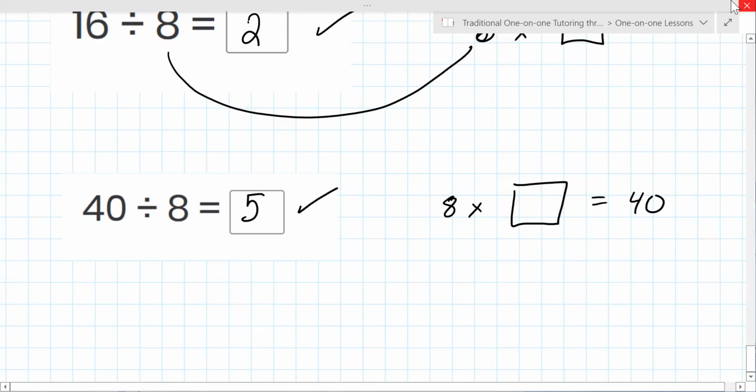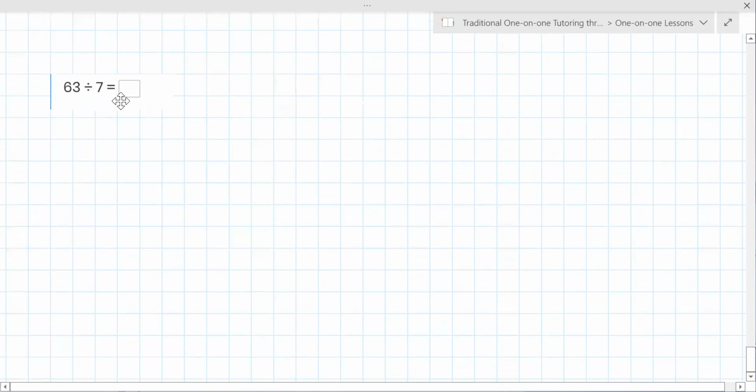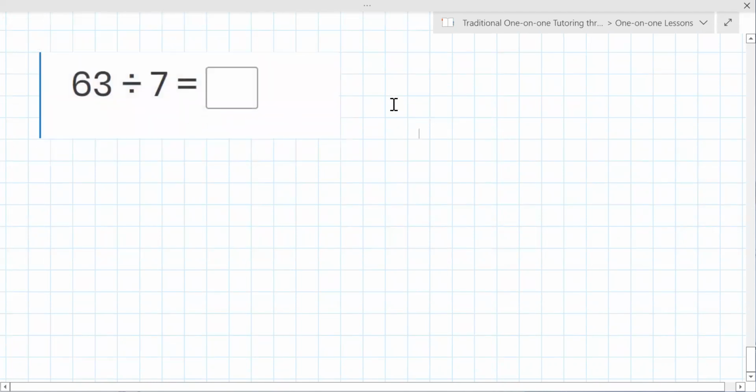Okay. All right, so let me actually see what else this assignment has. A lot of division. Well, that's okay. It'll be good for us to go through these. Division with 7s and 8s. Okay, so let's look at 63 divided by 7.